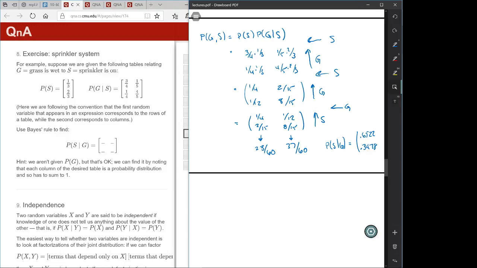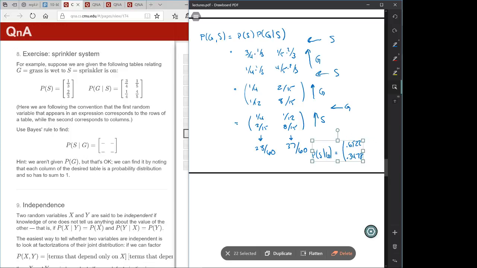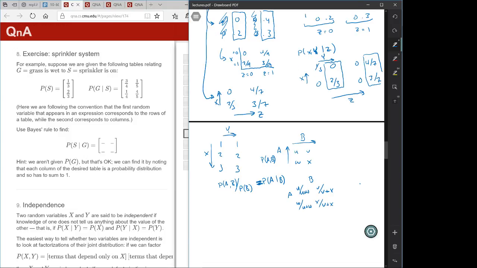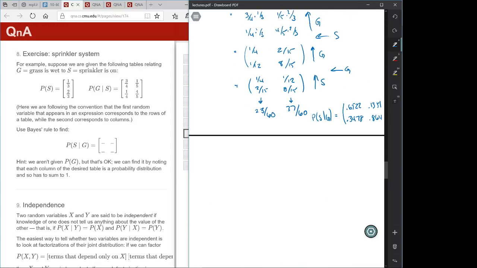Here, let's move this a little bit so that we have room to complete it. 0.1351 and 0.8649. All right, so that's the answer to the exercise from the end of class.